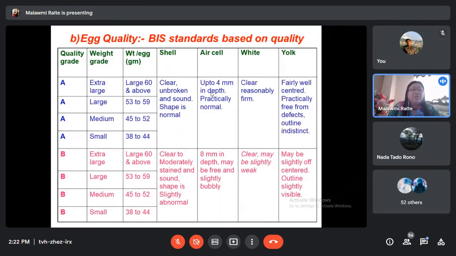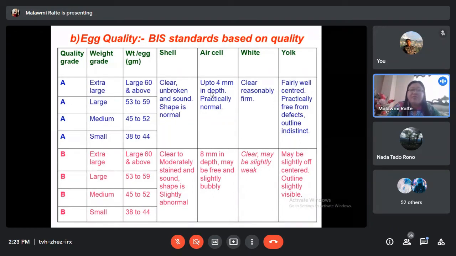So grade A can be extra large, large, medium, and small, and this is the same in the case for grade B.